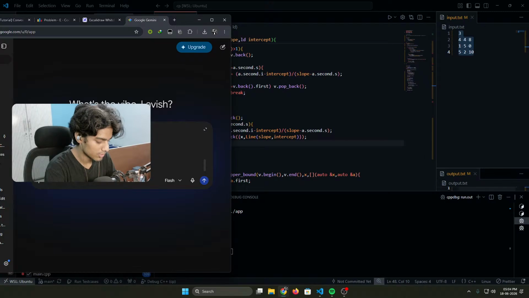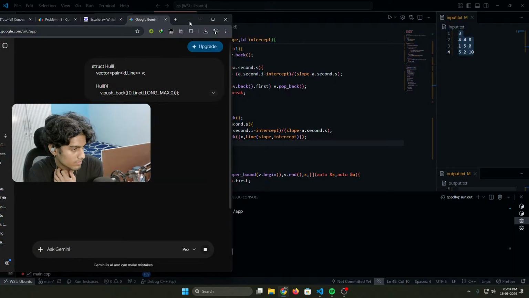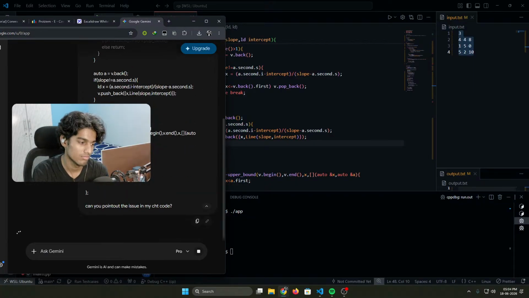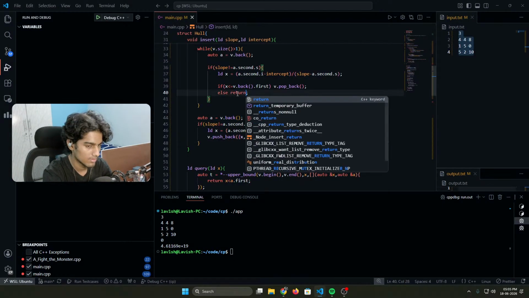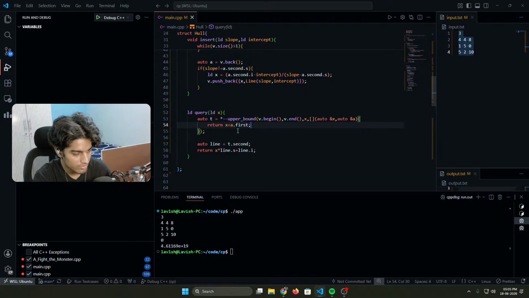Can you point out the issue in my CHT code? Also use 3.1 Pro. I think this is fine.